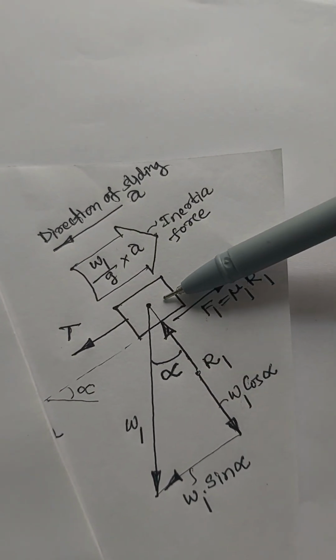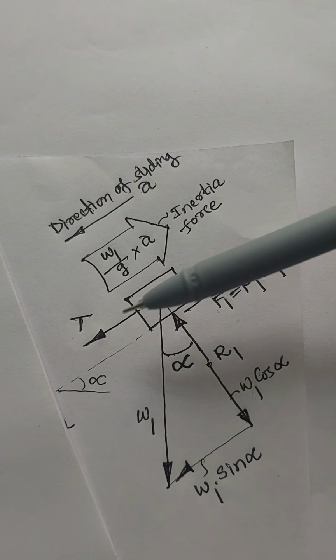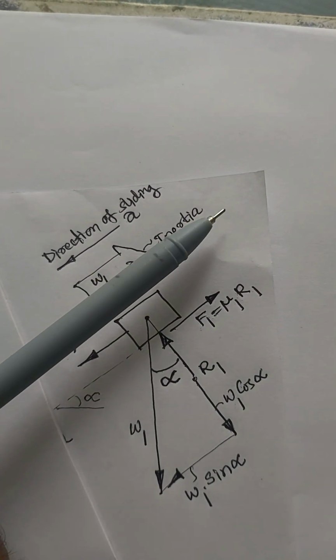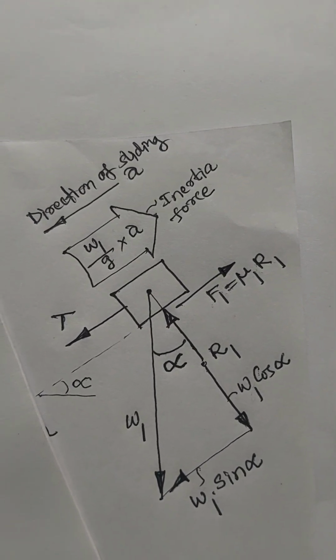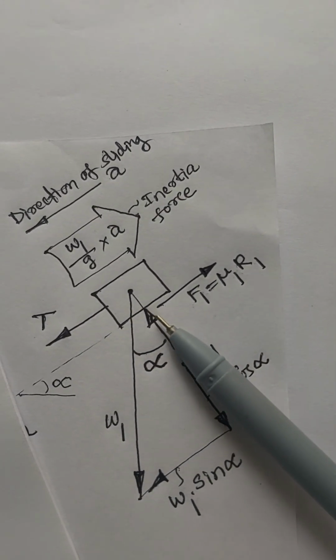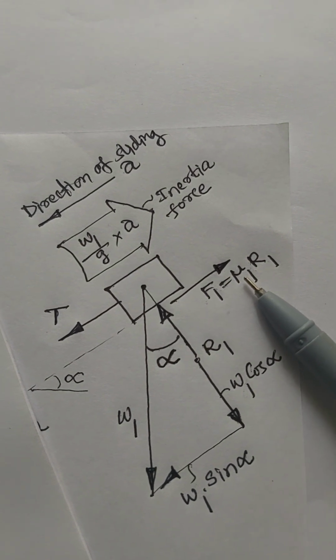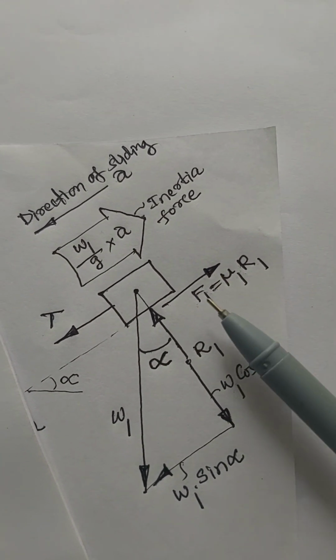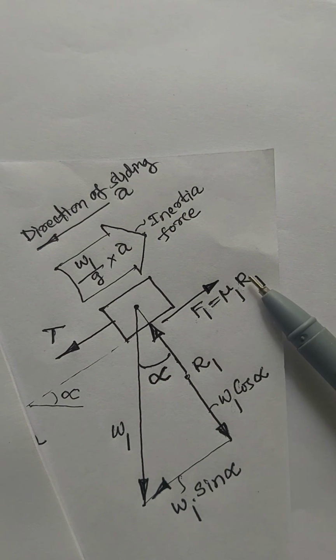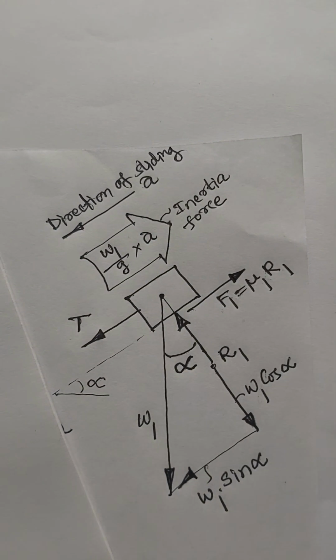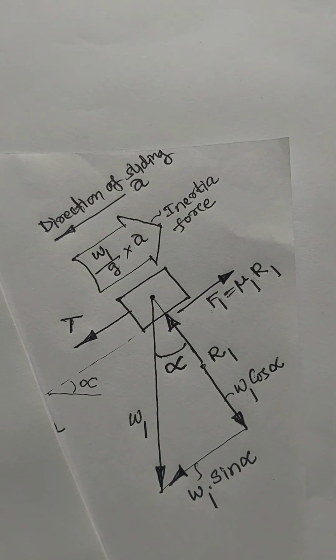While this block is sliding down the inclined plane, this is the inertia force direction. At the contact surface we have also introduced frictional force following the coefficient of friction mu1: F1 equal to mu1 into R1. The direction of this force is also opposite to the direction of motion, the direction of sliding.